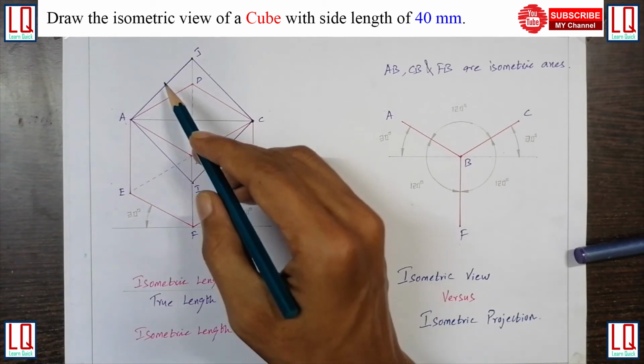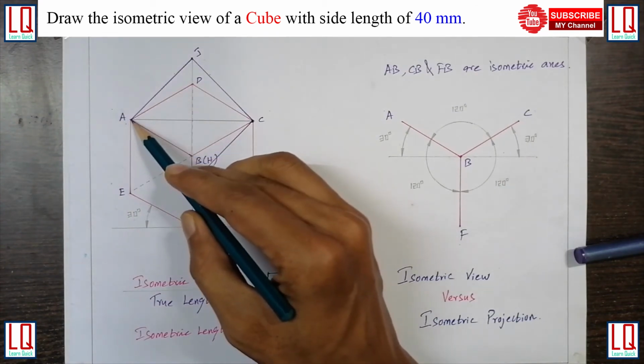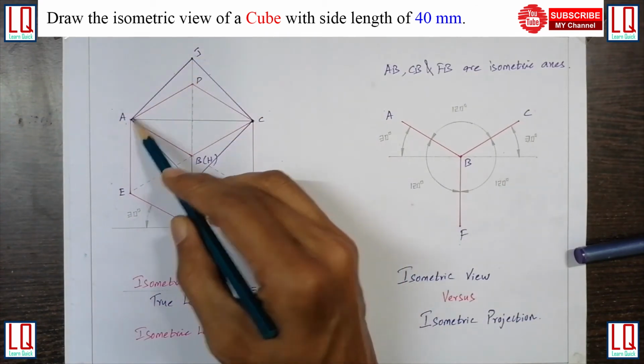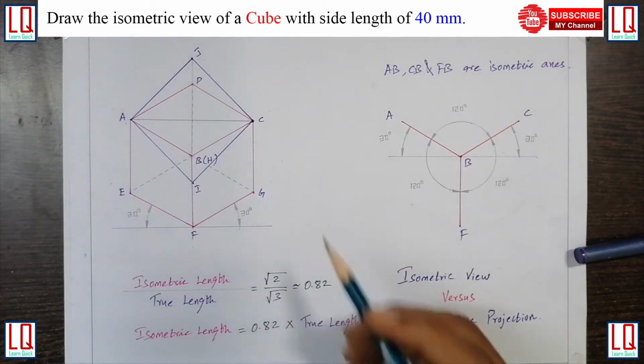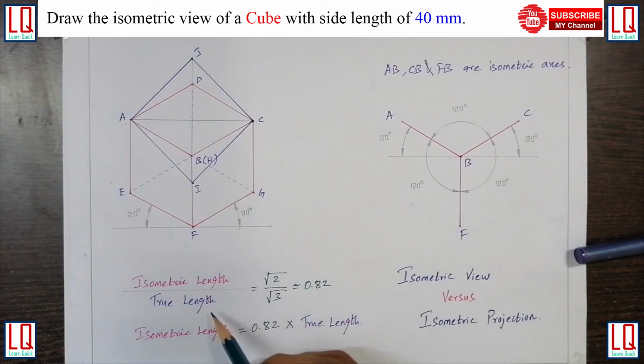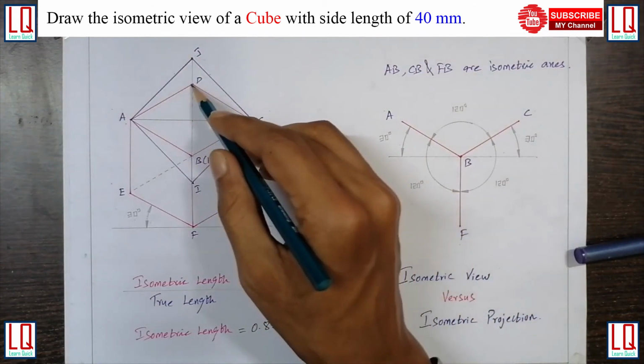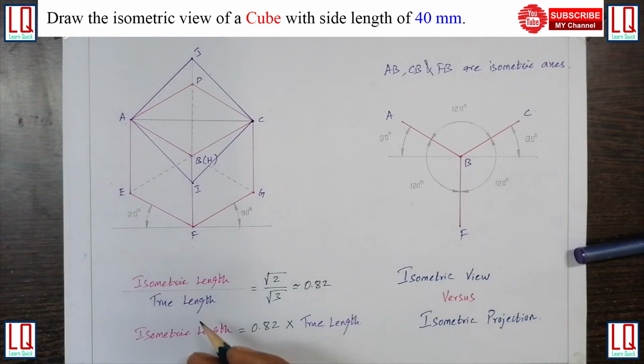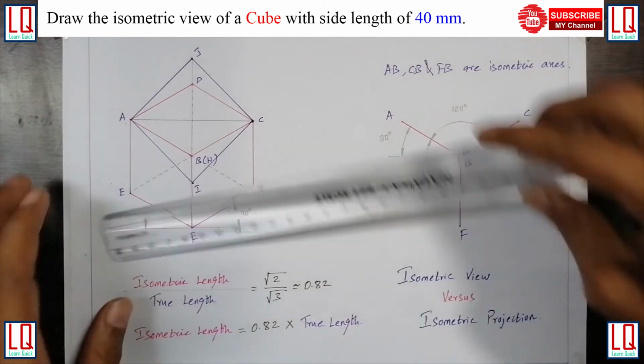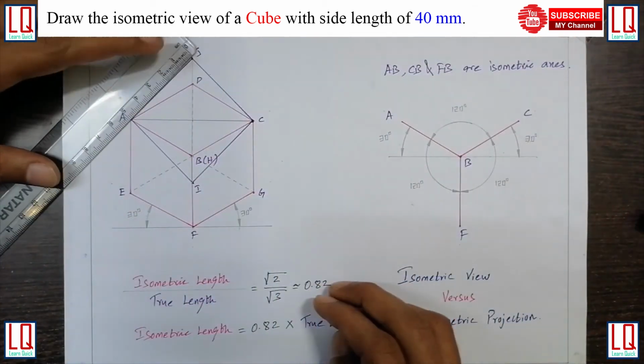If you find the ratio of AJ and AD, you will find the ratio of isometric length and true length. Or if you find the ratio of CJ and CD, you will also find the ratio of the isometric length and true length.